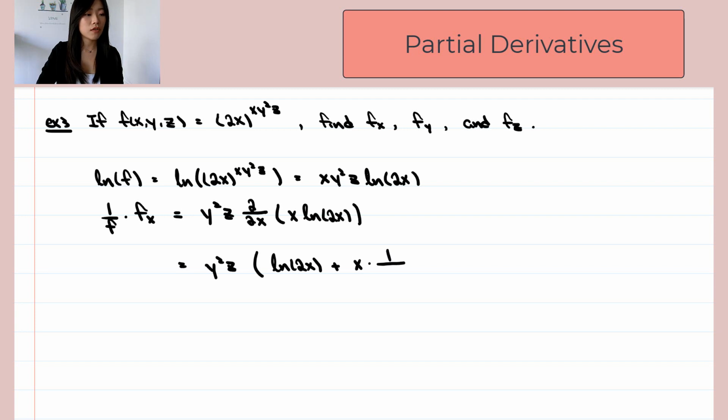That would be 1 over 2x, and using the chain rule, I still need to multiply by the derivative of 2x. That would be 2. I can cancel out the 2x in the denominator by this 2 and this x. So this equals y squared times z times ln of 2x plus 1.